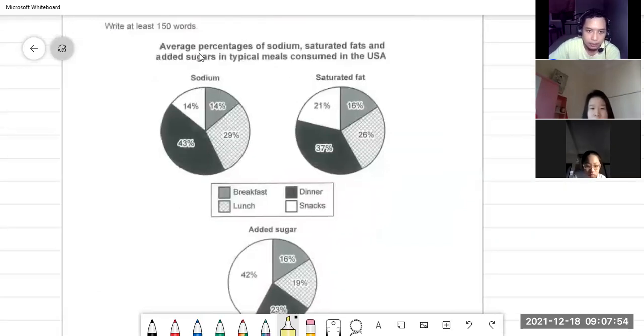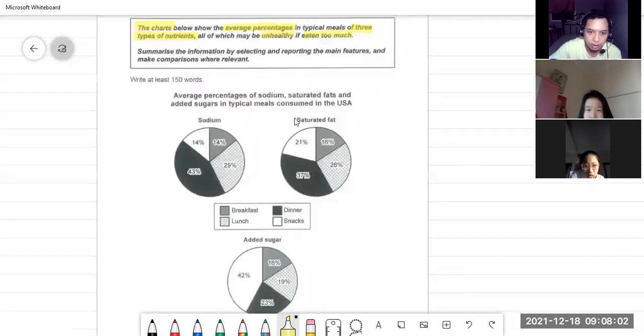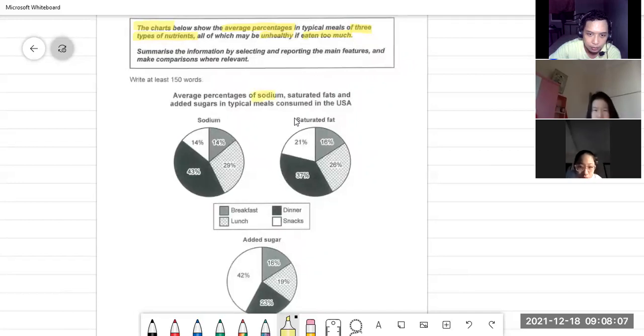Okay, average percentages of sodium. So sodium is one of the nutrients. Okay, so we have sodium and we have saturated fats and added sugars. Okay, everyone say sodium. Sodium.